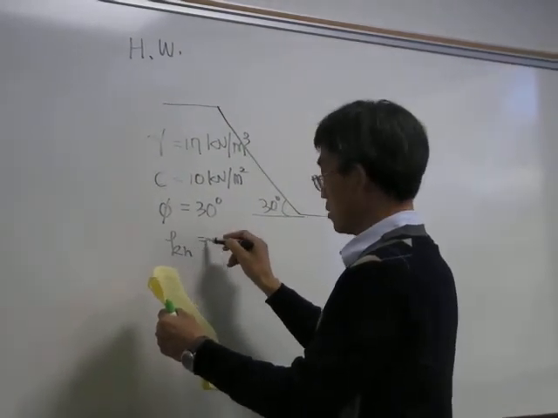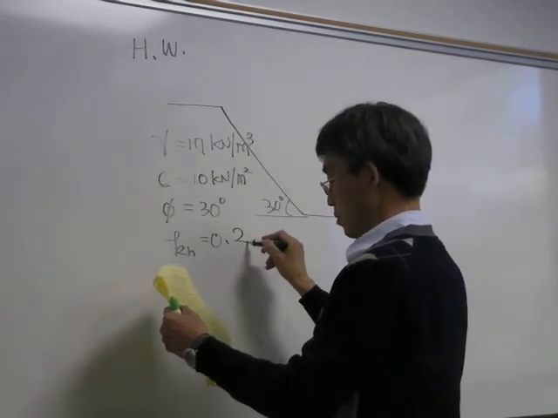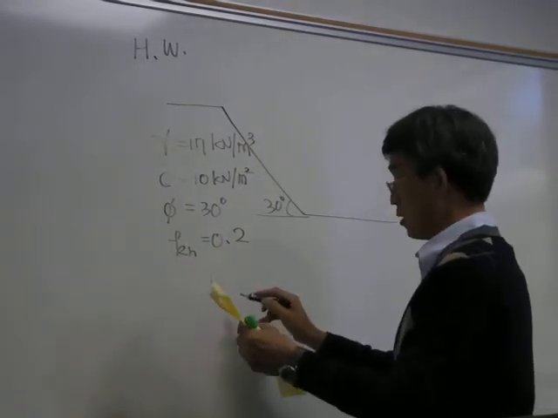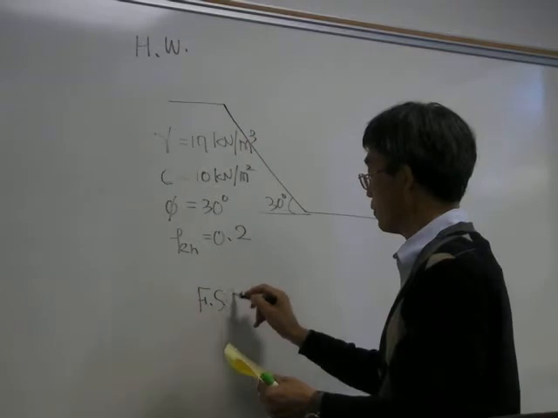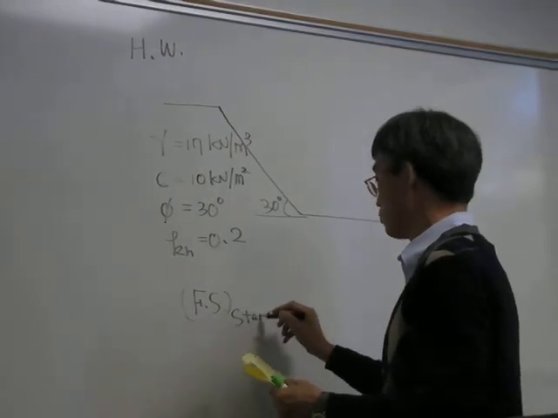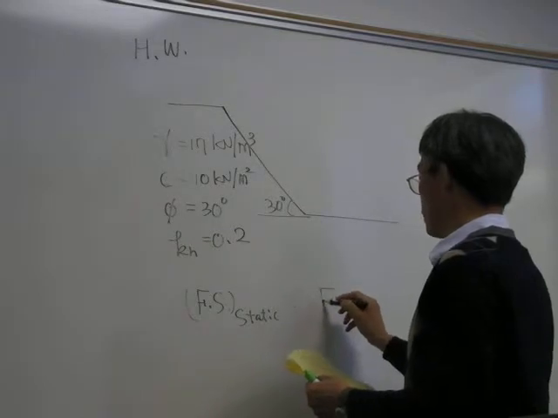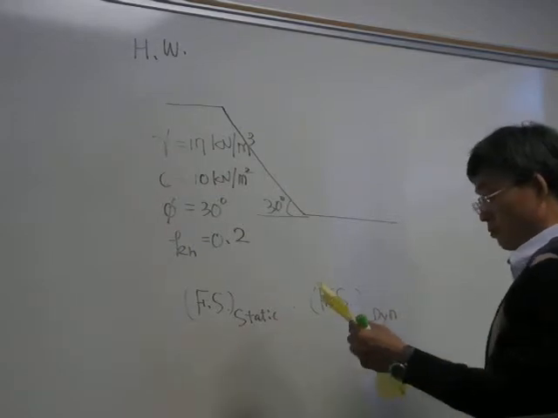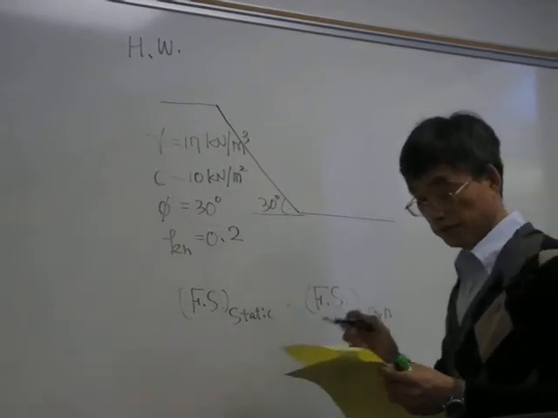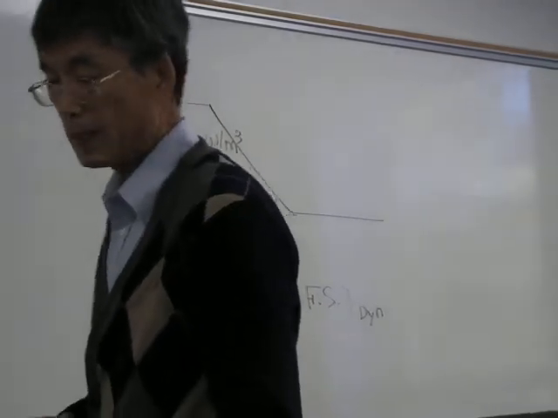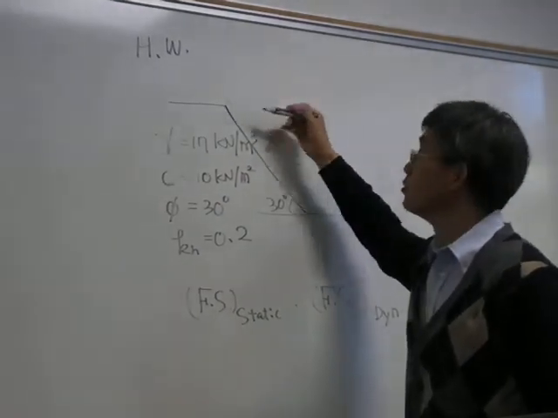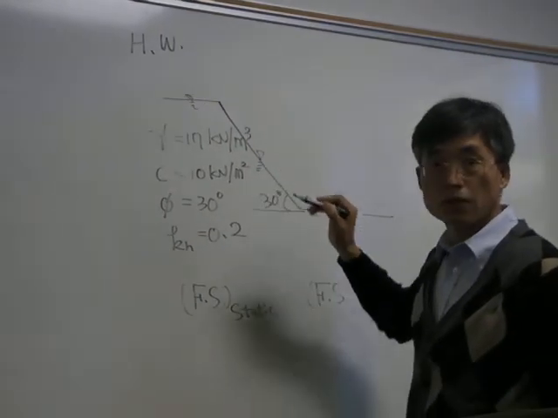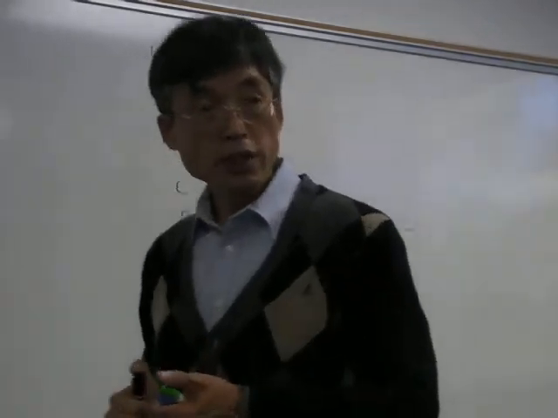KH is 0.2. And you got to compute factor of safety for static condition and factor of safety for dynamic condition. And you need to assume water table is at the surface. That means you got to consider water table.